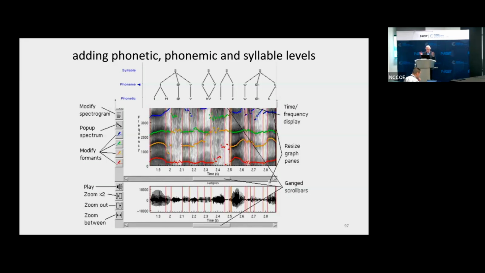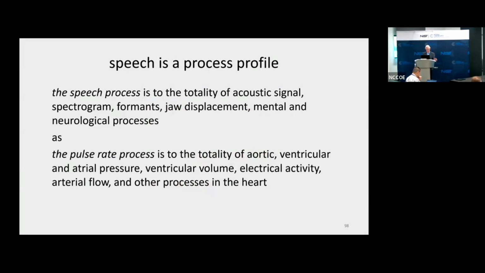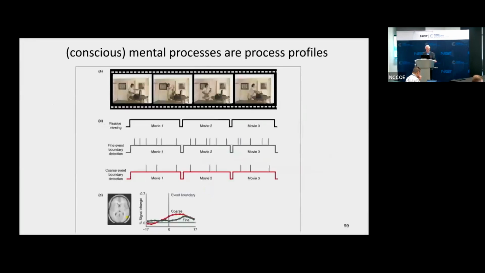So speech is a process profile. And that's what it says here. And conscious mental processes, so having ideas about aerospace manufacture, that is a process profile, which is dependent on all kinds of changes in your brain primarily.